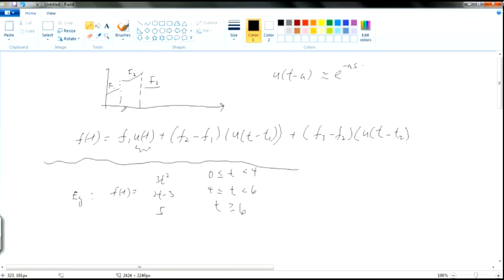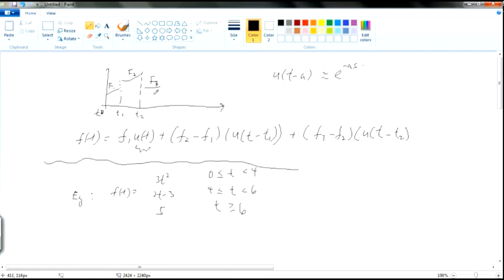Let's call the times t1 and t2, and this is 0. So t is actually the time when you start the thing, when you turn on the engine, and vroom, F1 comes in. Then until t1, F1 goes down and F2 comes up, and then until t2, F2 is destroyed and F3 comes up.